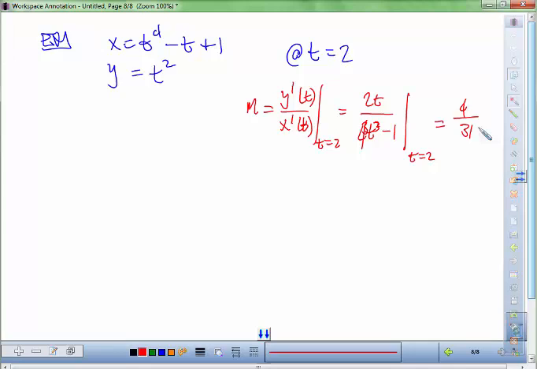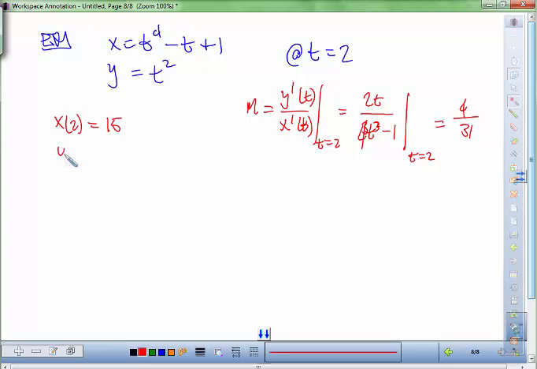Now we also need x y points, right? So we'll put t is equal to 2 in for x. Now I need 2 to the fourth power. That's just 16 minus 2, 14 plus 1, 15. So that's 15.